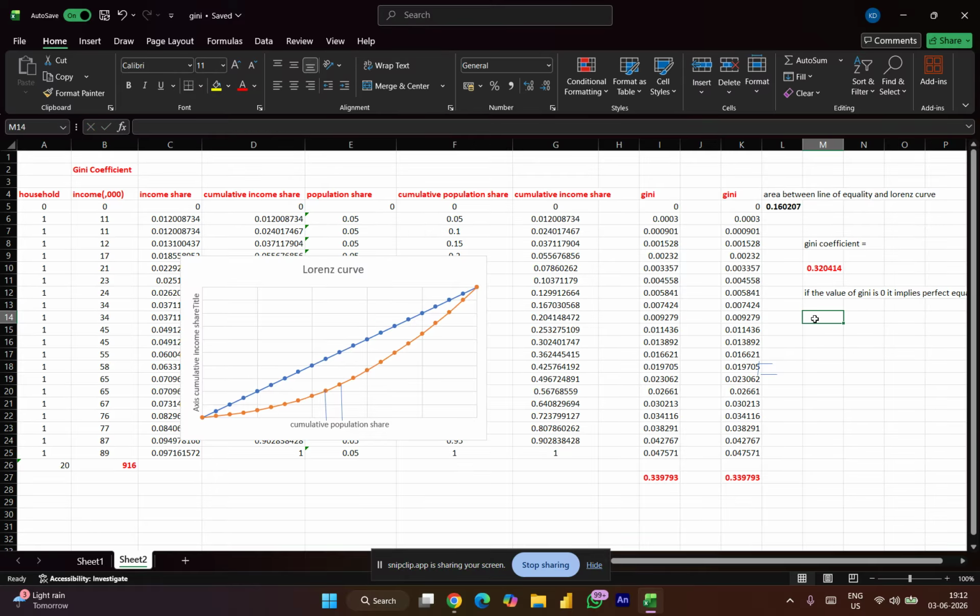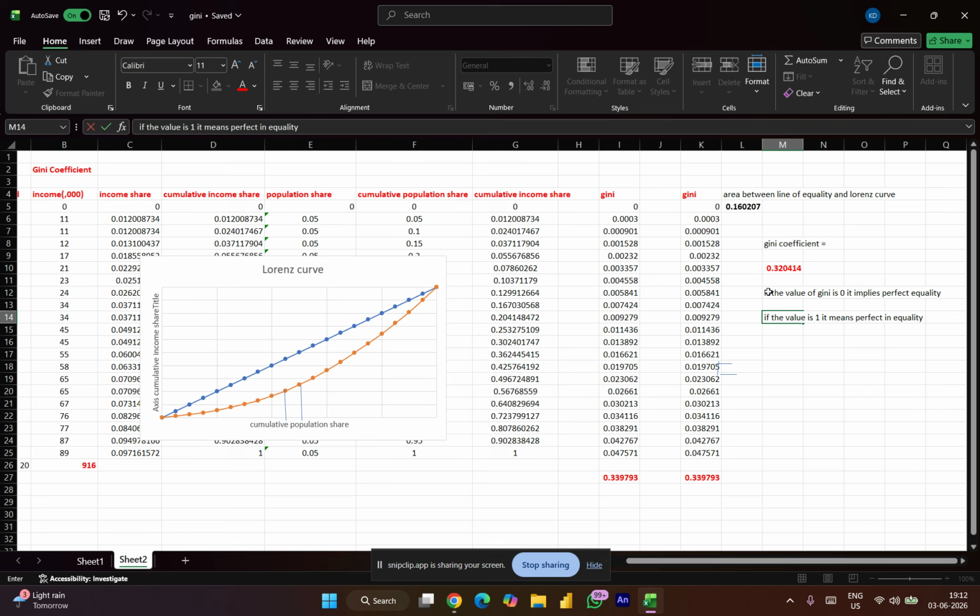If the value is 1, it means perfect inequality.